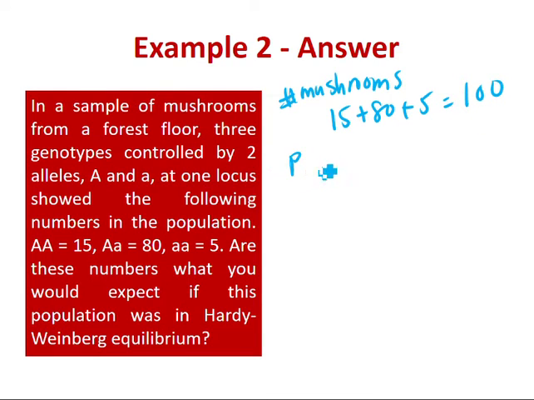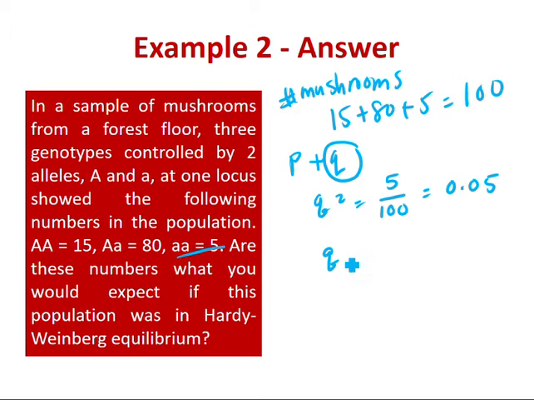So you have to find P and Q first. And then of course, you have to start with Q. So Q squared is 5 over 100, which is 0.05. Right?